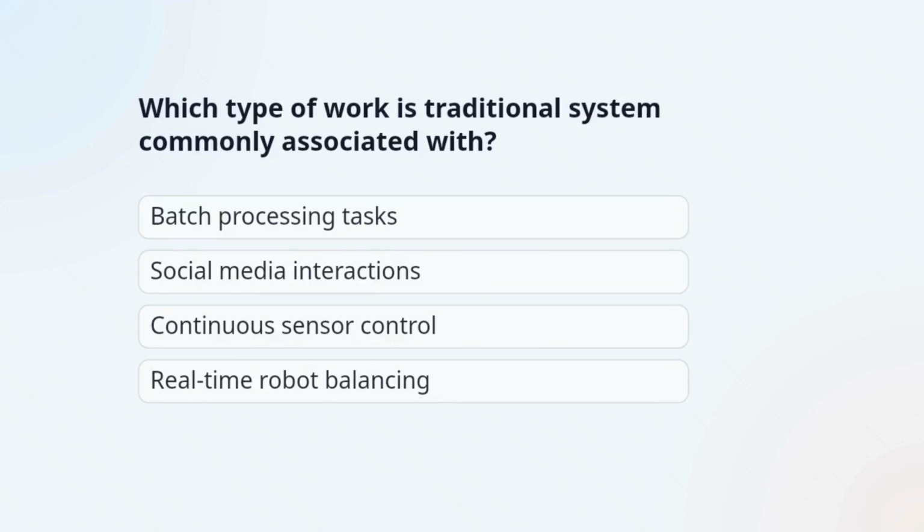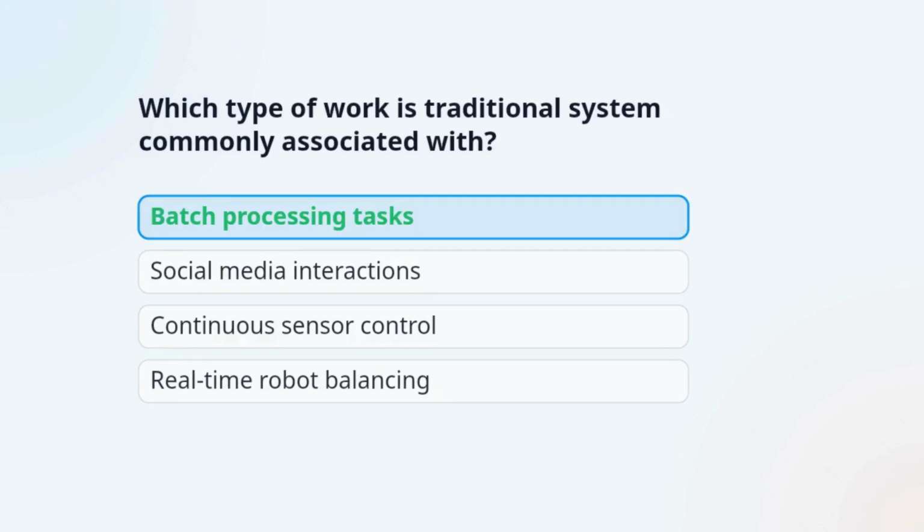Question 2. Which type of work is traditional system commonly associated with? The correct answer is batch processing tasks. Traditional systems are typically linked with batch processing, where instructions are executed in a defined sequence.